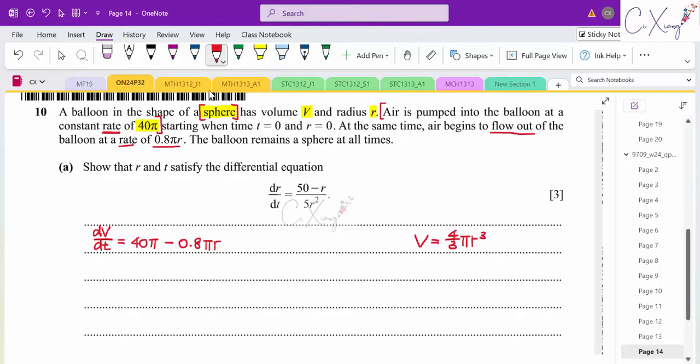Right. Okay, so for here, right, I will strongly suggest, before you go into the exam hall, go through again all the volume formulas and also the surface area formulas for all the possible shapes and also the polygons, okay, or maybe the prism, whatsoever, right? So you better go through all the formulas first before you go into the exam hall, because I didn't see any formula is provided here.